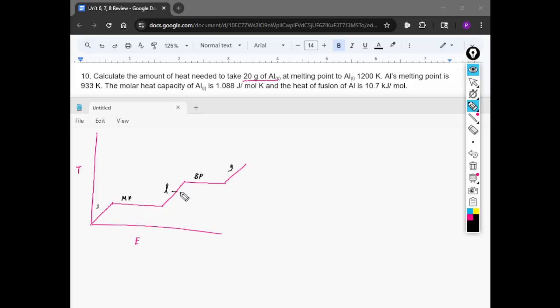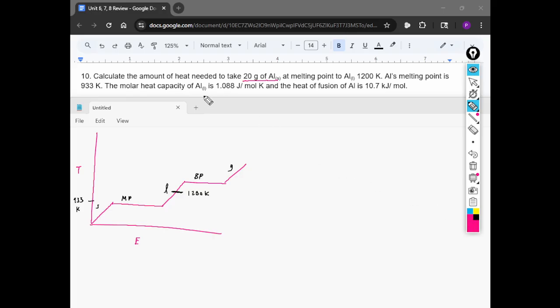So our ending point is somewhere on the liquid section. I'm just going to put it arbitrarily in the middle, and that's going to be at 1200 Kelvin. And then it tells you aluminum's melting point is 933 Kelvin. So that means this line right here is going to be 933 Kelvin.